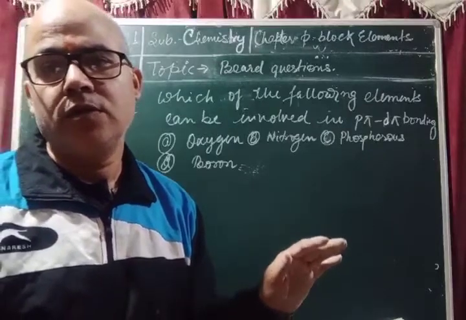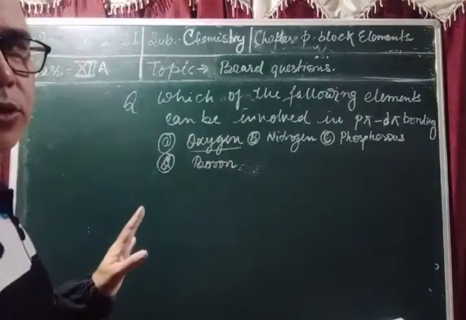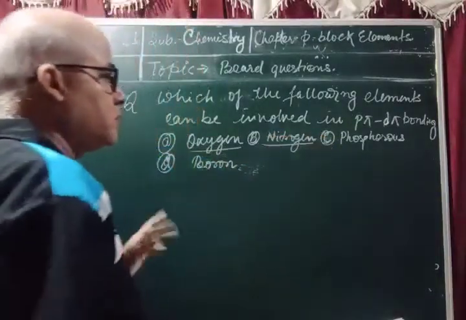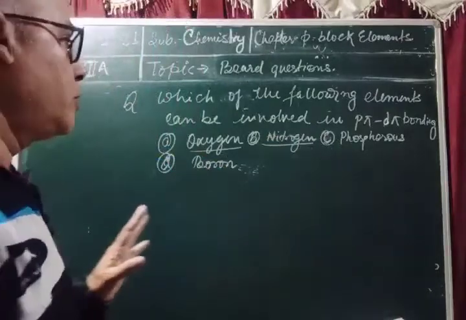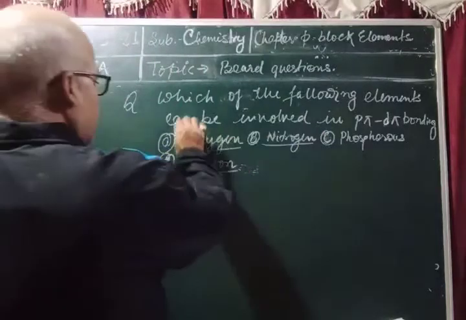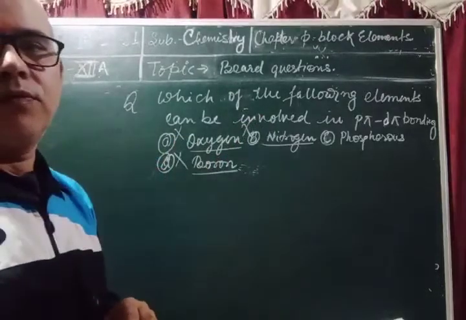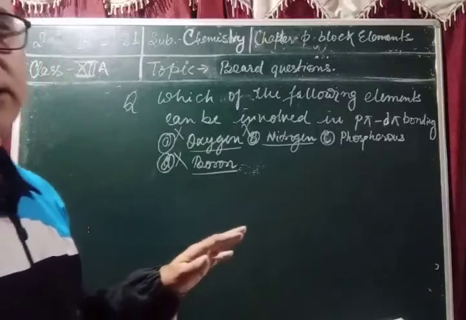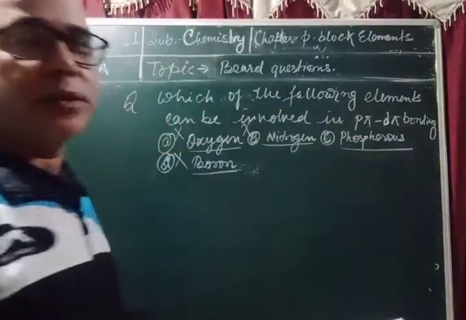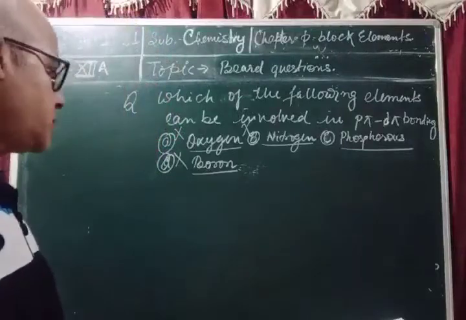Oxygen, nitrogen and boron have no d orbital, therefore these options are wrong. Then what will be the right answer? You can imagine yourself. This is phosphorus. Note down.